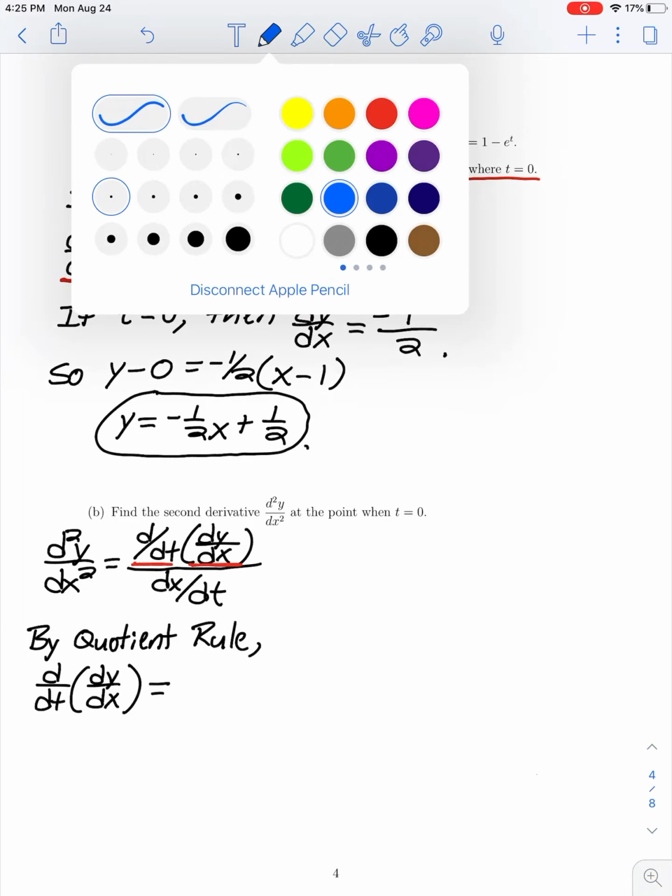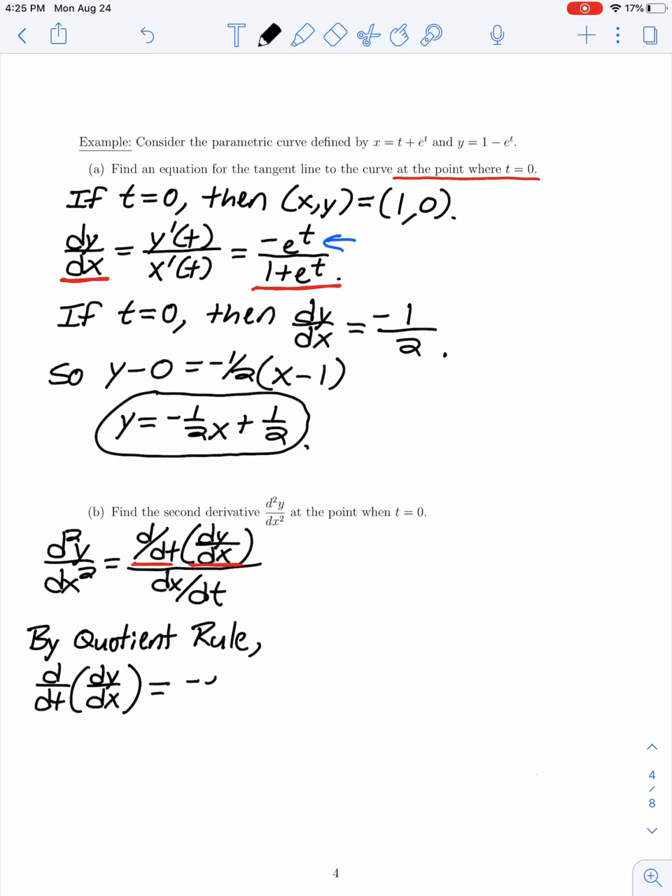So the derivative of negative e to the t is negative e to the t, and then we multiply by the denominator, 1 plus e to the t. Then we subtract the product of the numerator, which was negative e to the t. So since we're subtracting that value, this becomes a positive e to the t, times the derivative of our denominator. So the derivative of 1 plus e to the t is just e to the t. And the entire expression is then divided by our denominator, 1 plus e to the t squared.